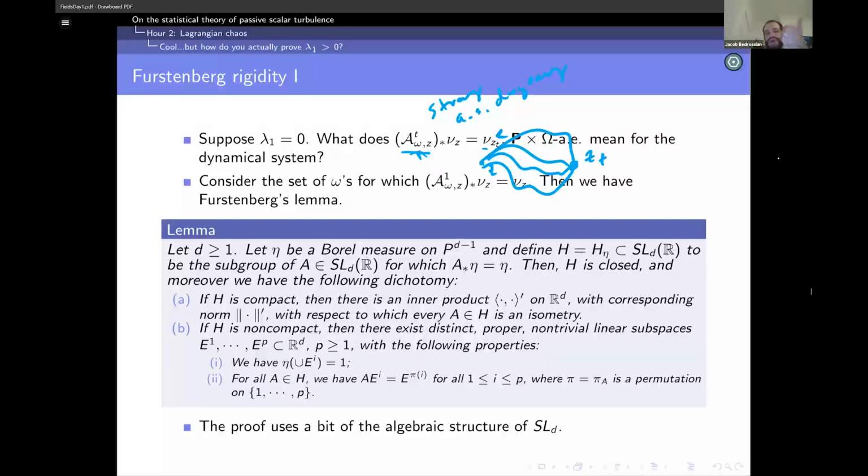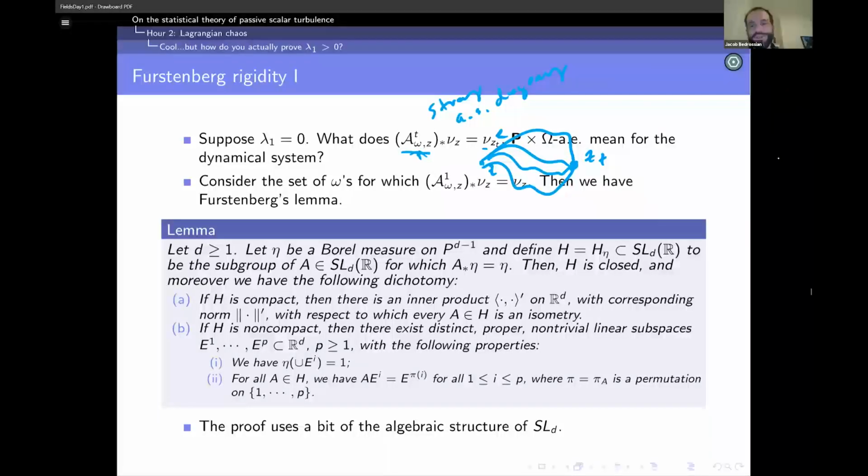If it's compact, then you can prove that there's an inner product such that they're all acting as an isometry with respect to this inner product. This is actually the easy case because it's defined in terms of the Haar measure. You're integrating over the Haar measure on this subgroup because it's a compact subgroup of SLD. The non-compact case is much harder. If your subgroup is non-compact, that's where you get the lines.